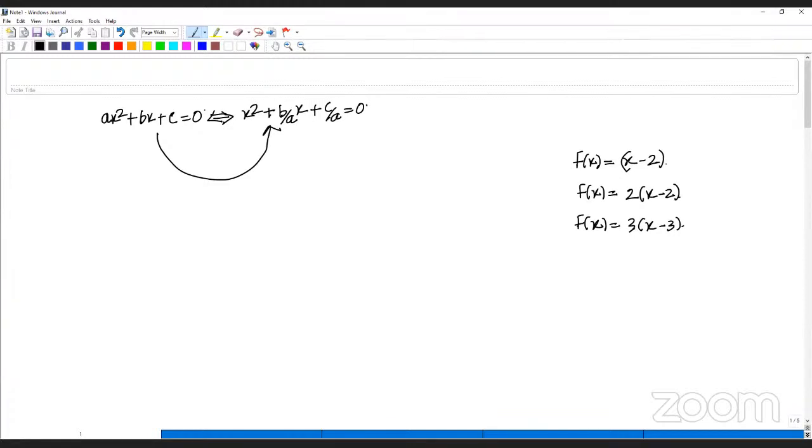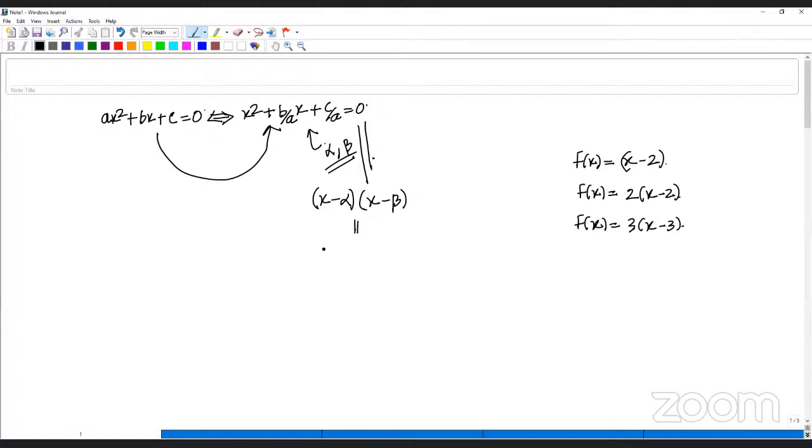Suppose the roots of this equation are alpha and beta. If the roots are alpha and beta and the coefficient of x square is 1, then I can write this as x minus alpha into x minus beta, right?